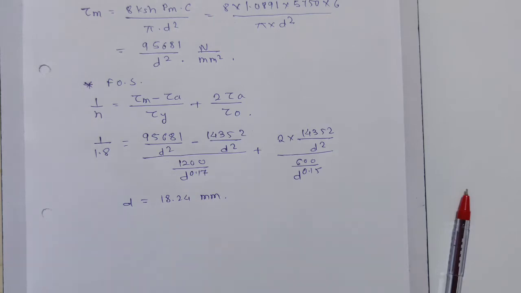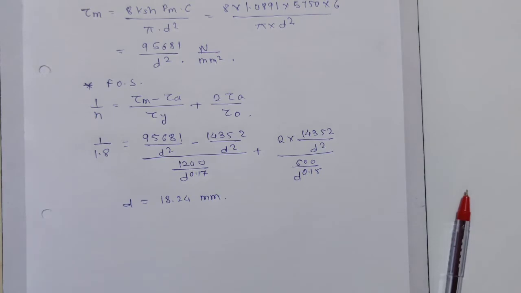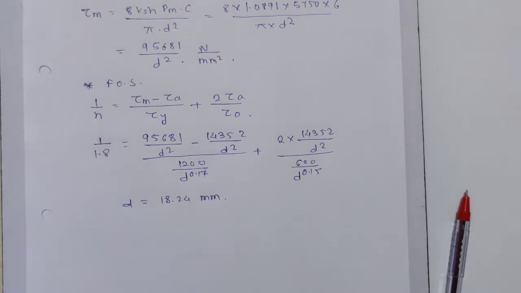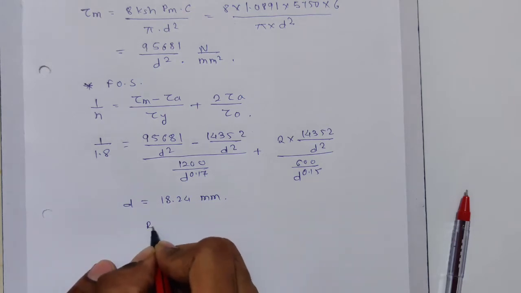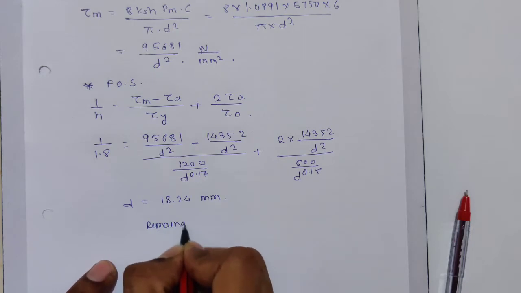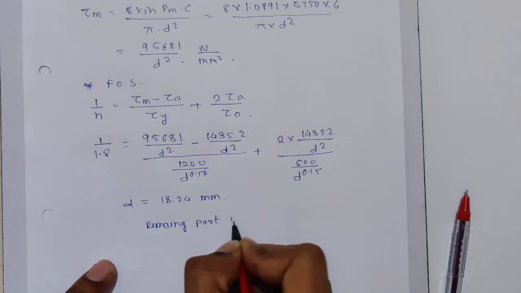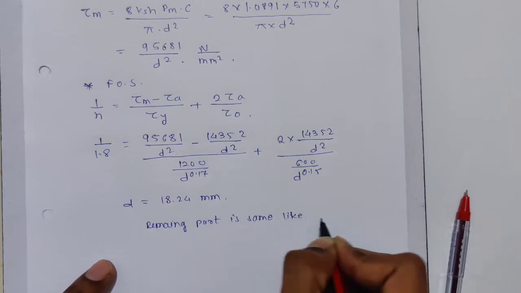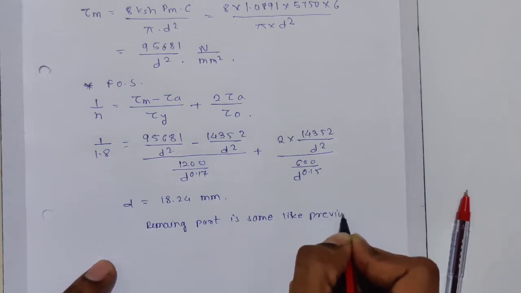Alright, now all other steps like mean coil diameter and all are the same as earlier, so I'm not going through them. The remaining part is the same as the previous problem.